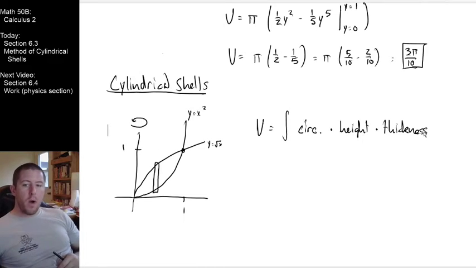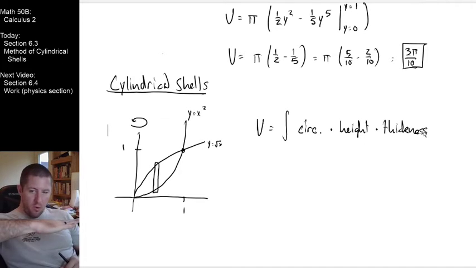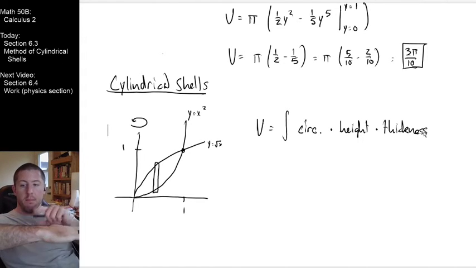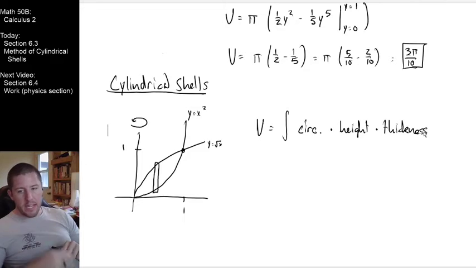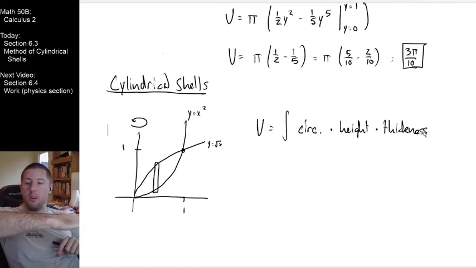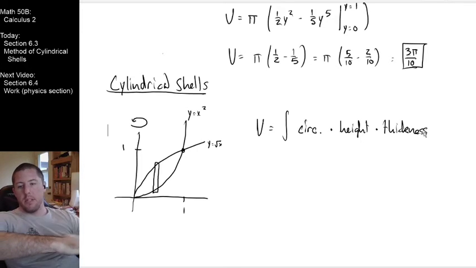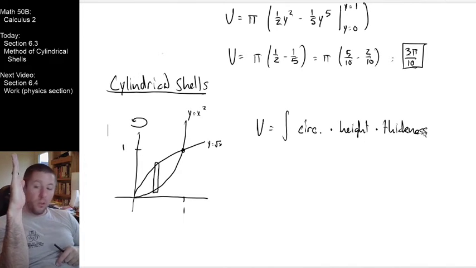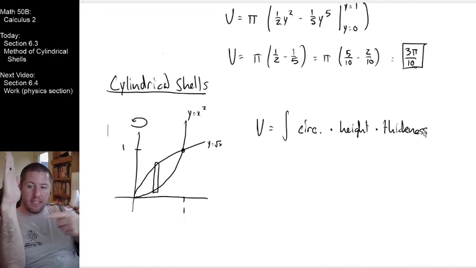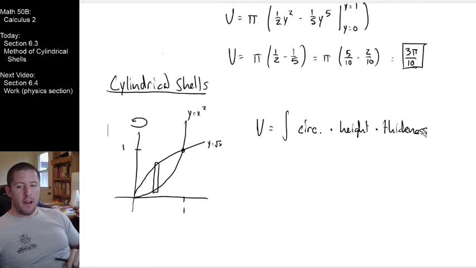So because this is a y-axis rotation, it's got to be that we have vertical shells. If we were rotating around the x-axis, then our radius is measured as a y component. And when we rotate around the y-axis, our radius is measured as an x component. That's the only thing that changes, just the labeling of the variables.